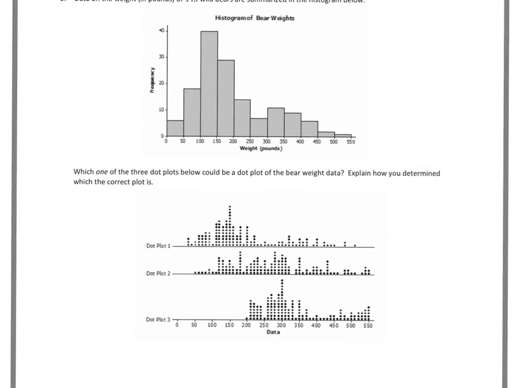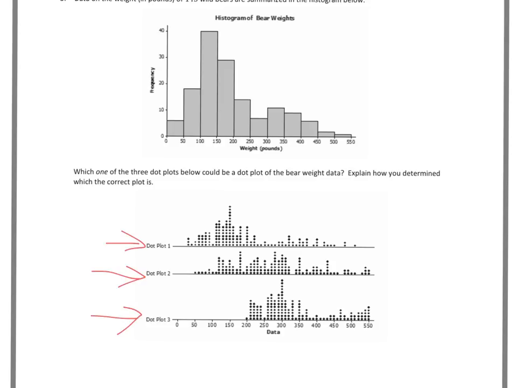You really have to look through and see where this could possibly work out and which dot plot you think could be the histogram above. I would say you want to look at this and see where these values could fall. I'm going to try not to give you the answers for this one.